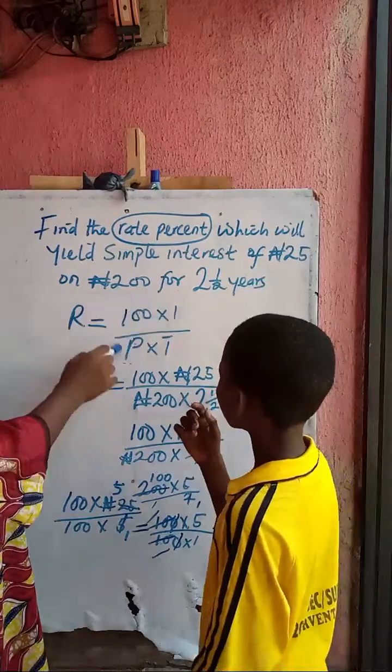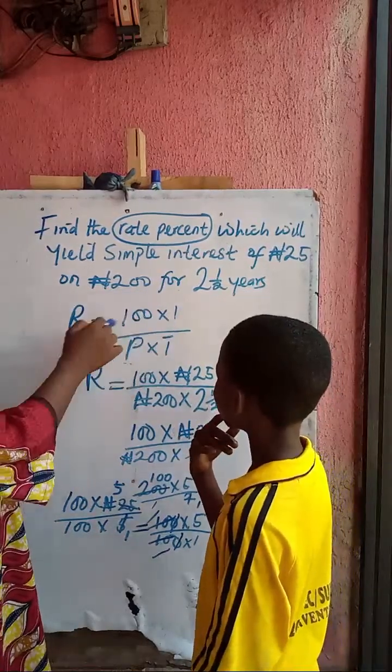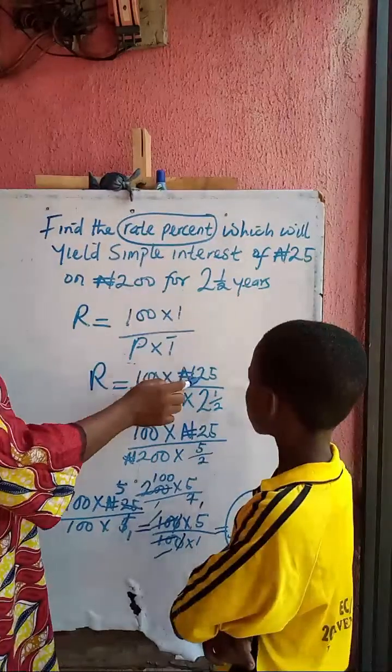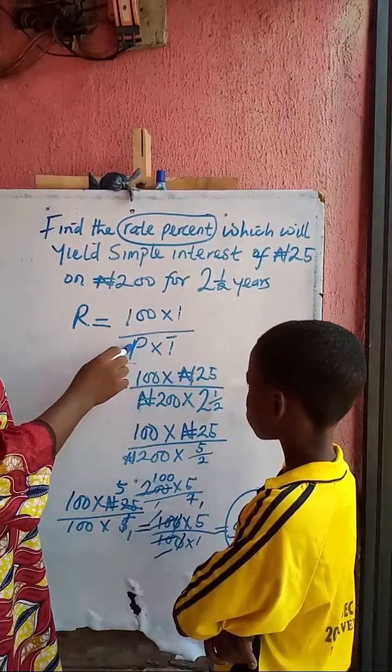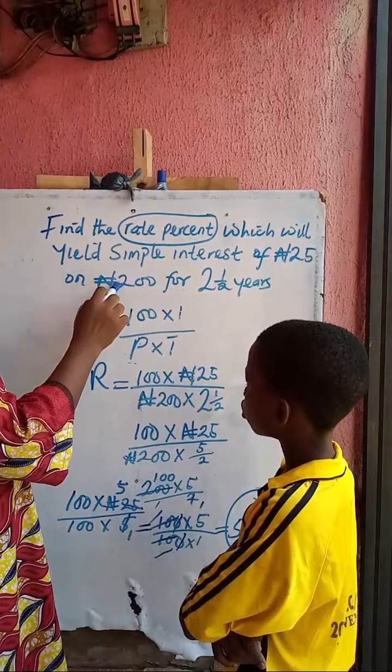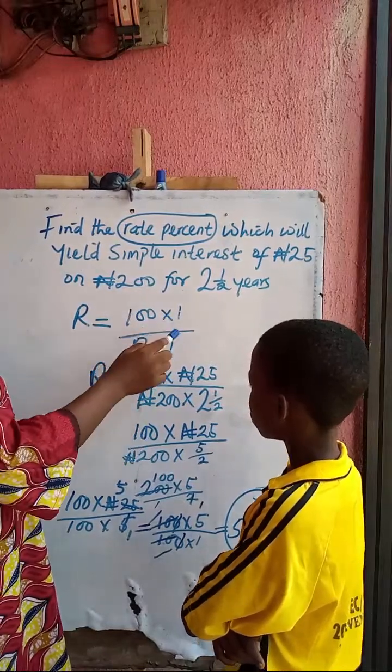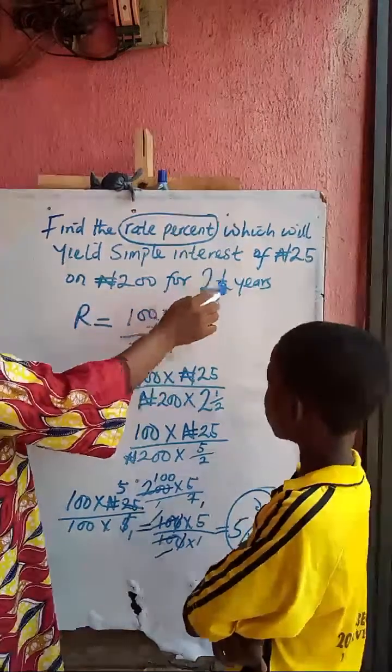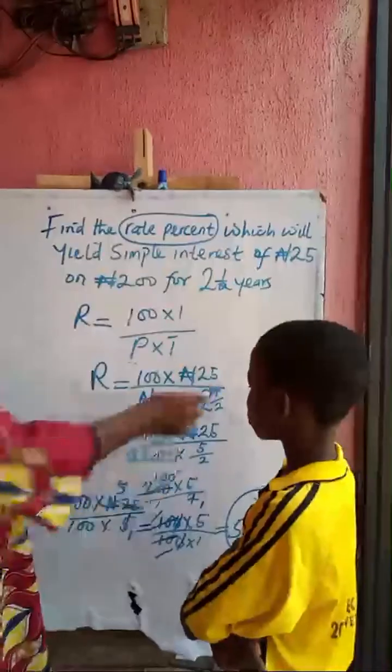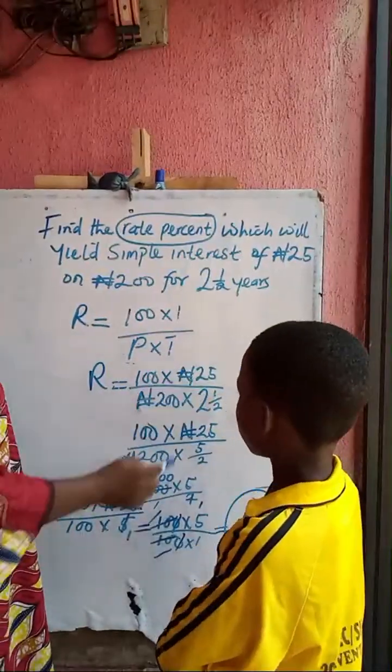I am asking you the meaning of this initial, 25 naira divided by principal. The principal is 200 naira and the time is 2.5 years, and that is what we have here.